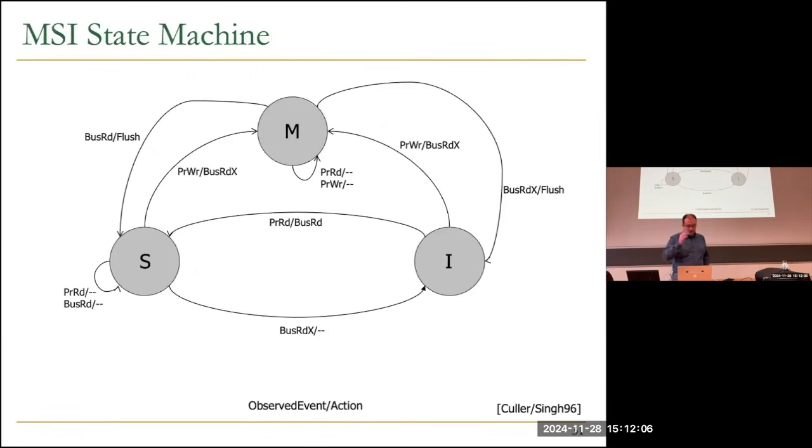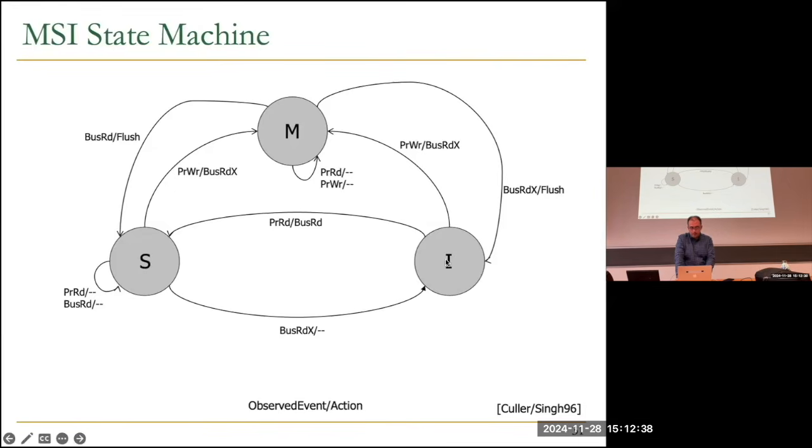So this is the FSM for this more complicated protocol. These are essentially the main differences. We have this processor write, and you need to send a bus read exclusive. If you are in the shared state, meaning that you have the copy, and then you want to write it, you go to the modified state and also send this bus read exclusive to other cores, telling them that they all need to invalidate.